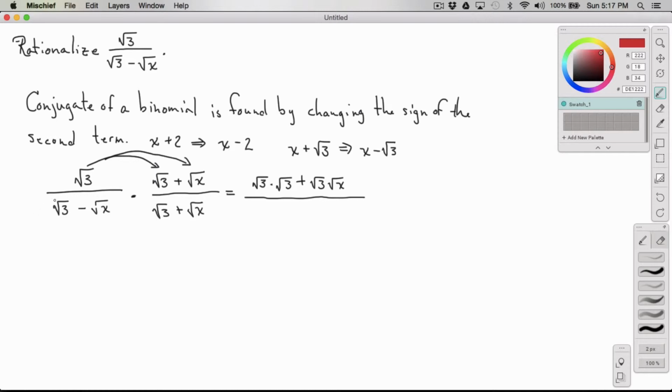So, to begin with, we're going to take the square root of 3, and distribute it to the square root of 3 and the square root of x. So this is going to give me the square root of 3 times the square root of 3 plus the square root of 3 times the square root of x. And then let's do the next piece in blue.